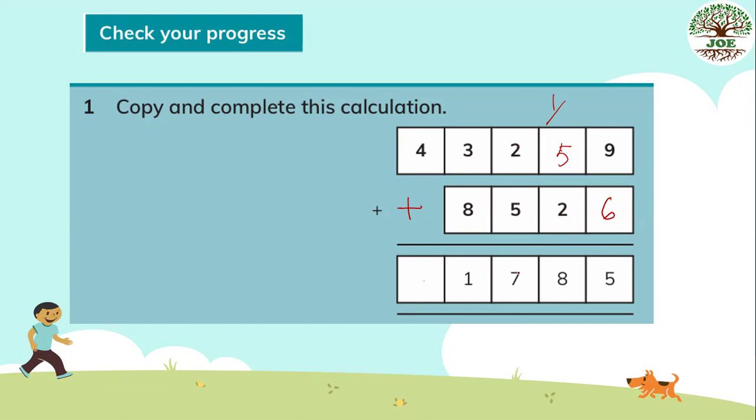Okay, 2 plus 5, 7. 3 plus 8 is 11. 1 up here. So our largest digit is 5. The answer is 51,785. So the first one is 5, the second one is 6, and the third one is 5.